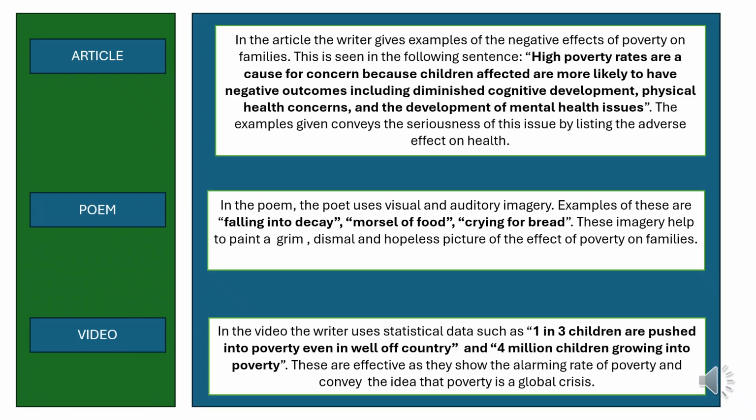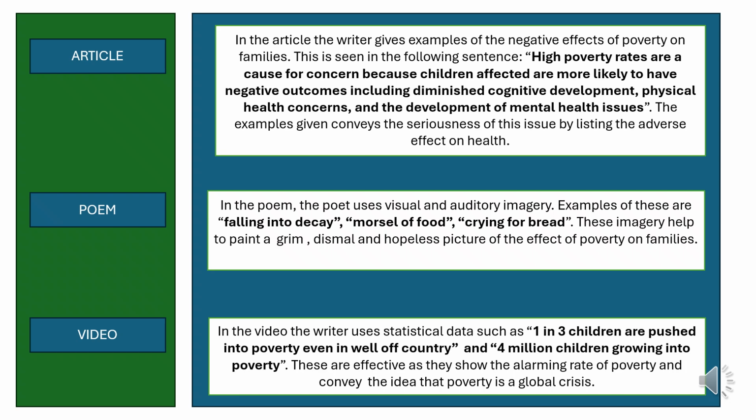In order for you to write a comprehensive and effective reflection tool, you need to ensure that you have all three artifacts. Okay, so an example of this is seen here. In Article 1, the writer gives examples of the negative effects of poverty on families. This is seen in the following sentence.